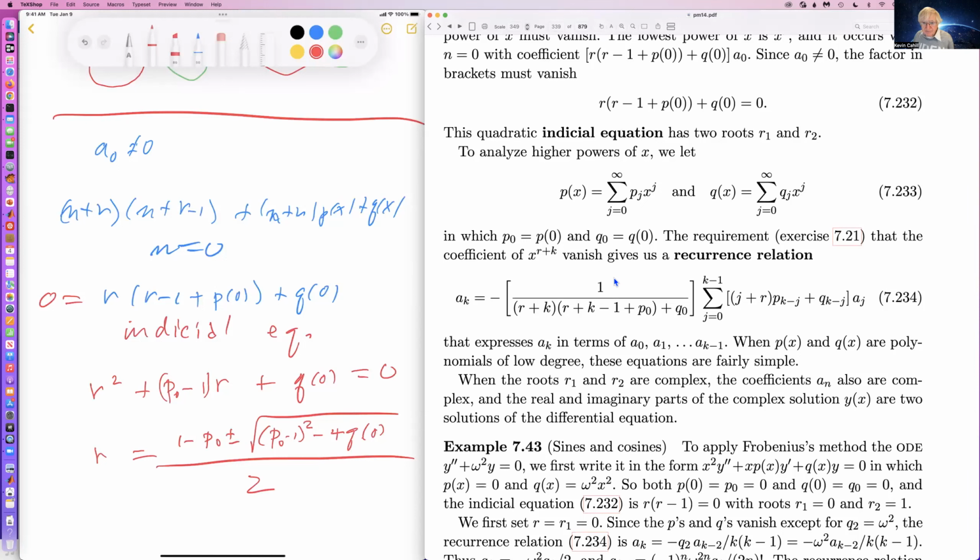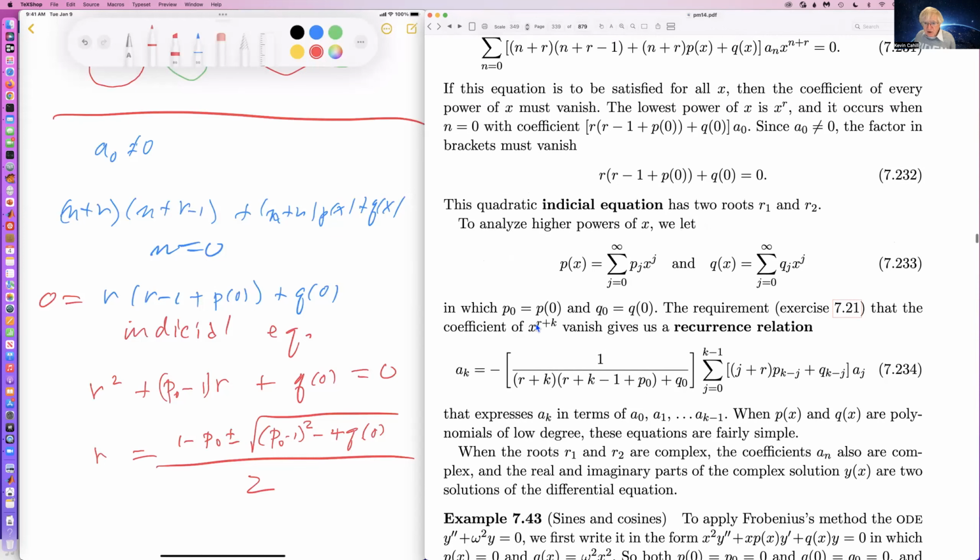And then if you require that the coefficient of x to the r plus k should vanish, you then get a recurrence relation. You get an equation that determines a_k in terms of all the lower ones.